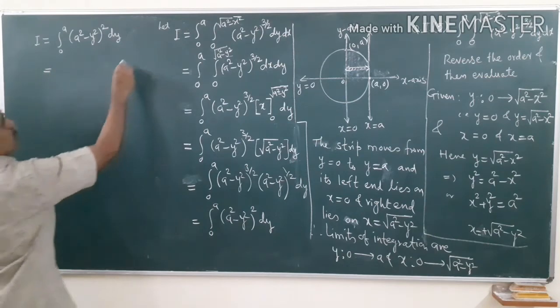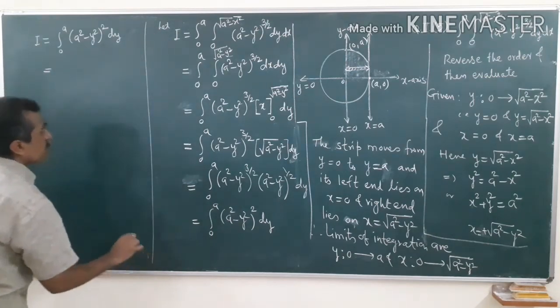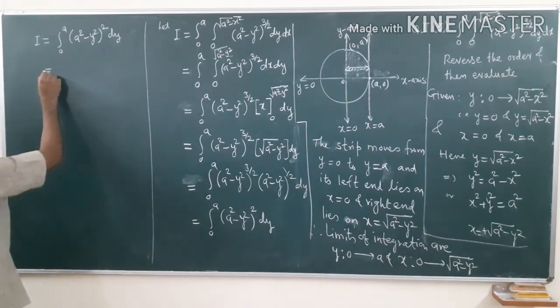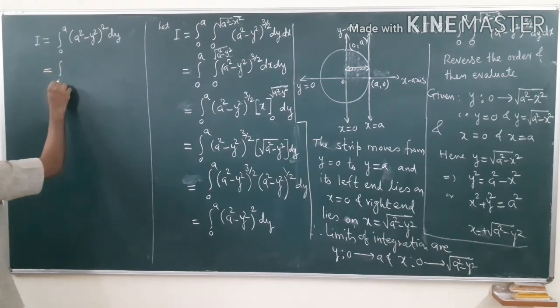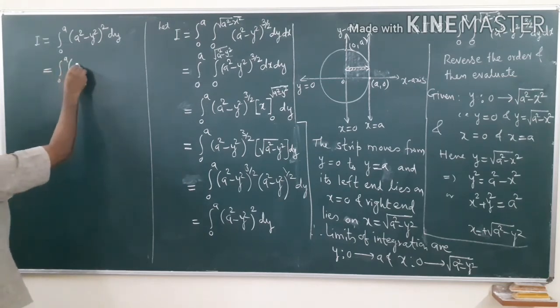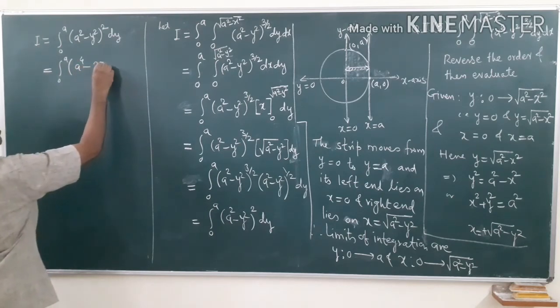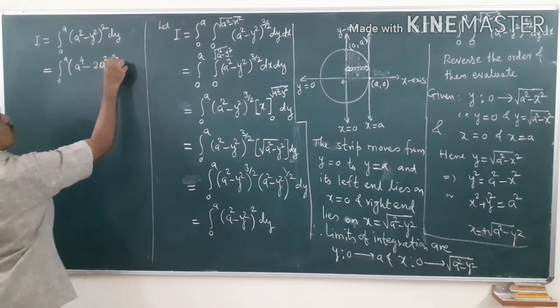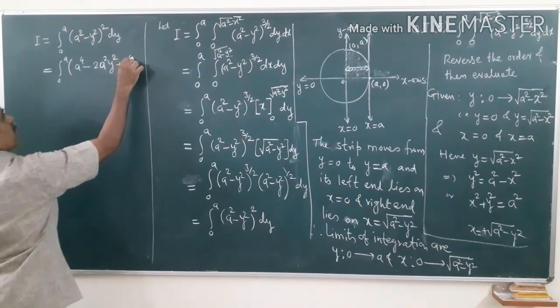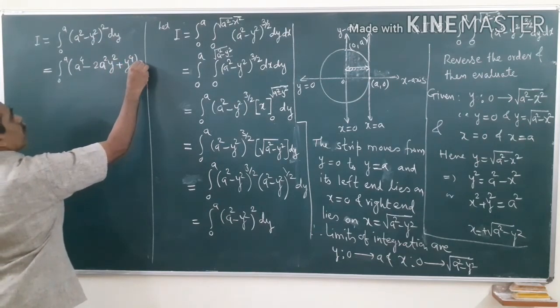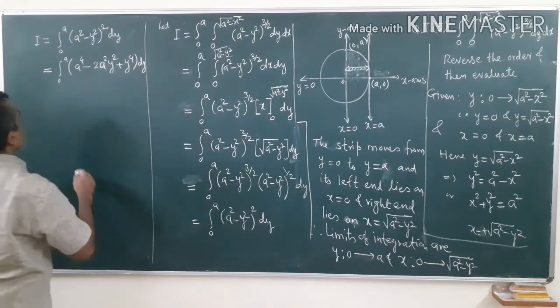This equals the integral from 0 to a, just squaring this, of a raised to 4 minus 2a square y square plus y raised to 4, with respect to y.